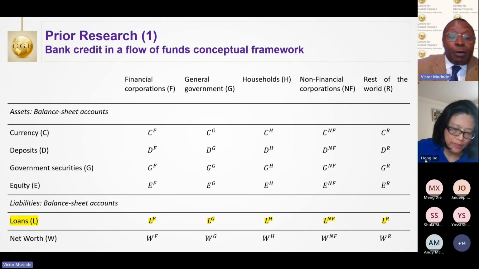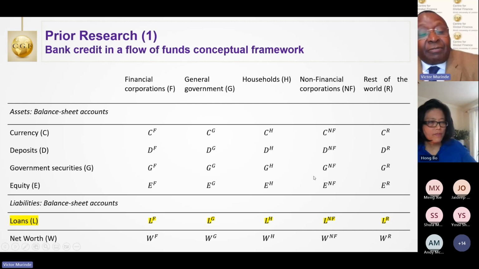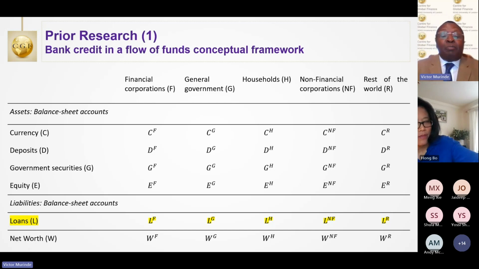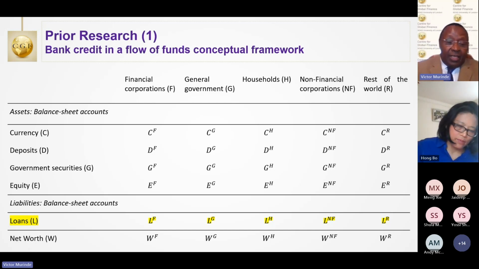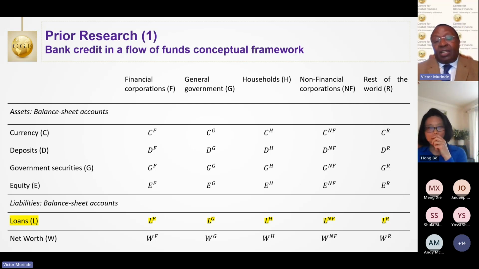Here, banks play an important role in terms of the various assets, but in particular, balancing the surplus sectors with the deficit sectors.